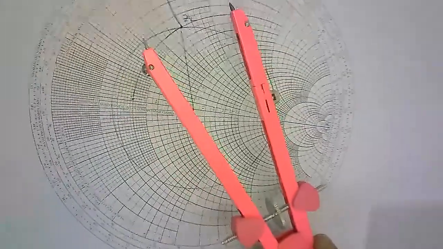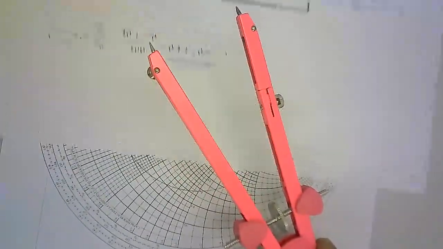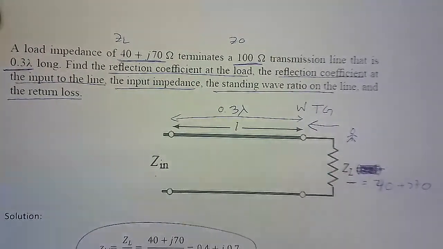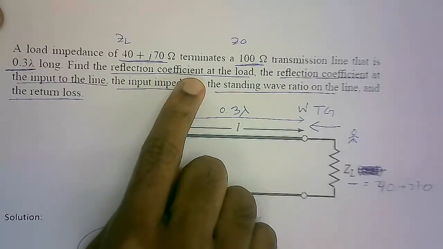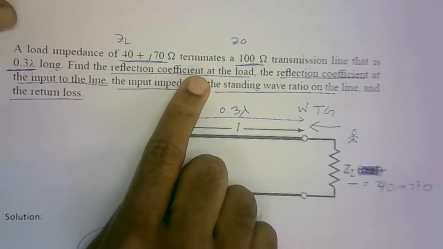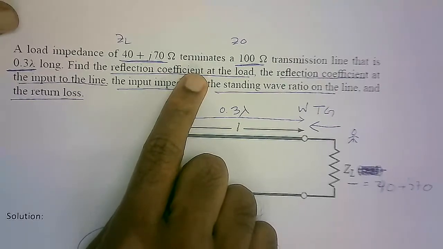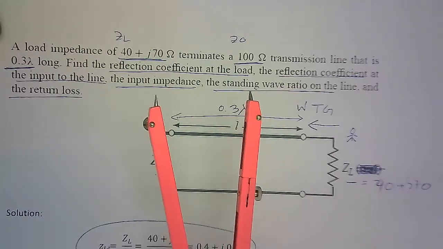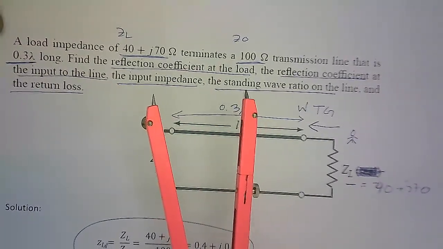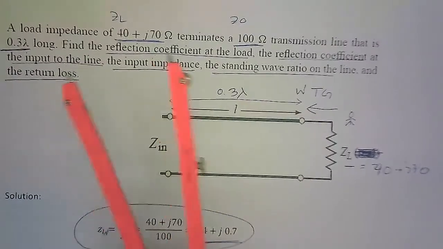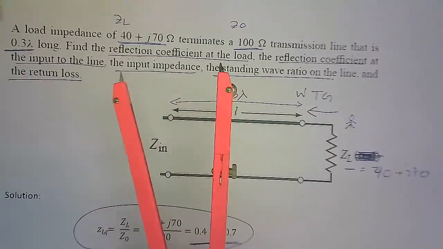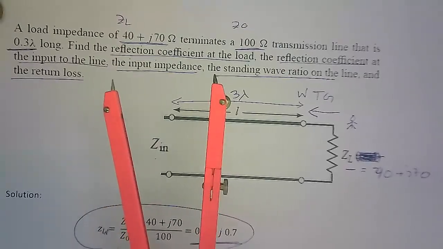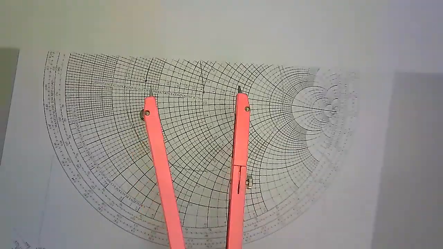Number one parameter, find the reflection coefficient at the load. Whatever is related to ZL, we will find in this Smith chart. If we don't change anything with this value of ZL, this length, we'll find directly the reflection coefficient at the load here.